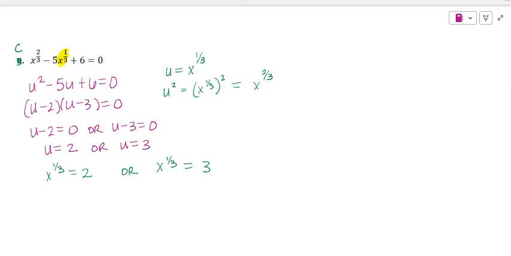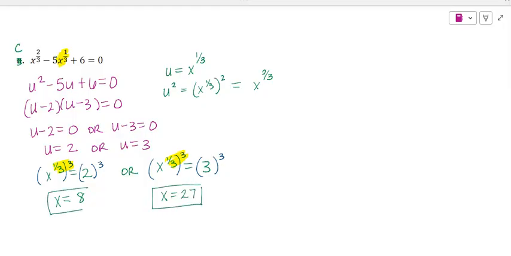To get rid of that 1/3 power, I'm going to raise both sides of these equations to the 3rd power. Remember that when I do that, this over here becomes a 1. So then I just have x equals 2 cubed, which is 8, or x equals 3 cubed, which is 27. So these are my two answers.